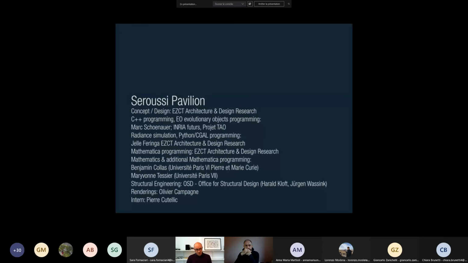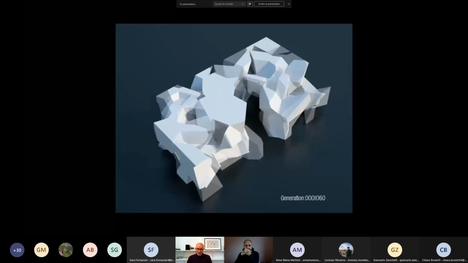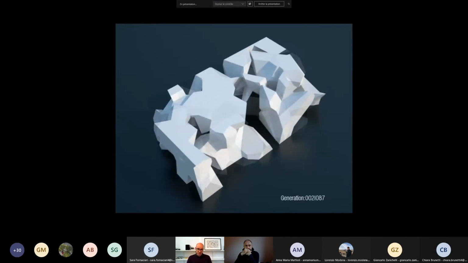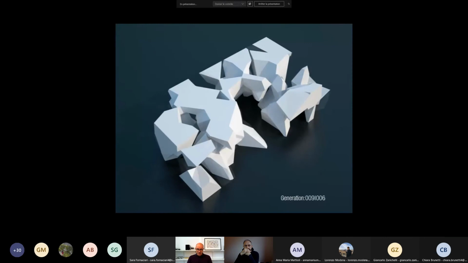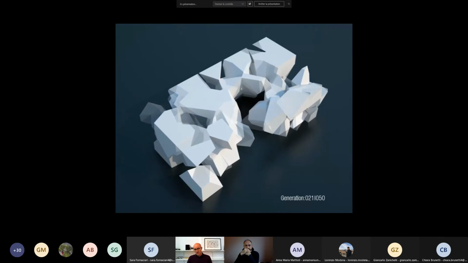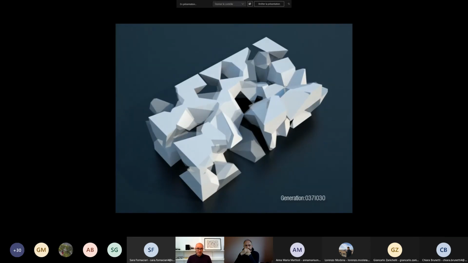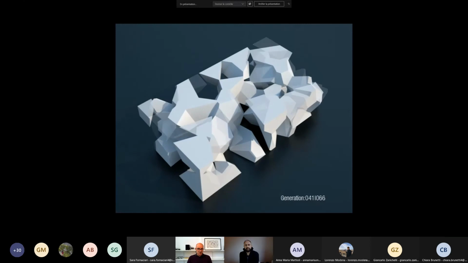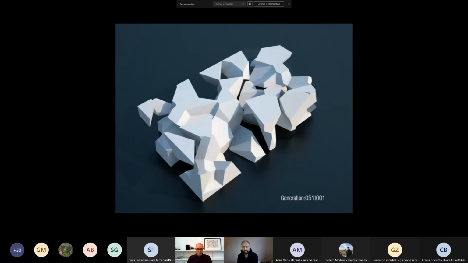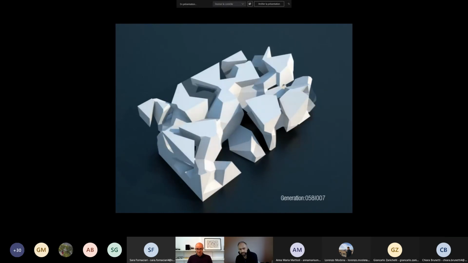Then we kept working on that for a pavilion project, for the s03 pavilion competition in Paris. And rather than using mechanical constraints, we used natural light conditions.